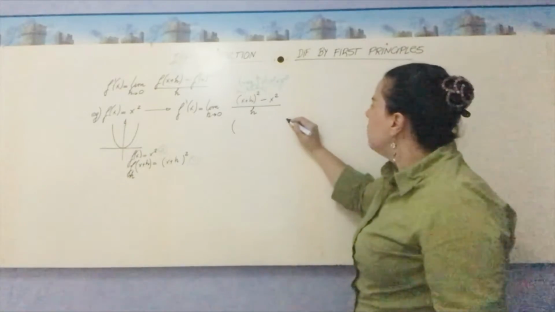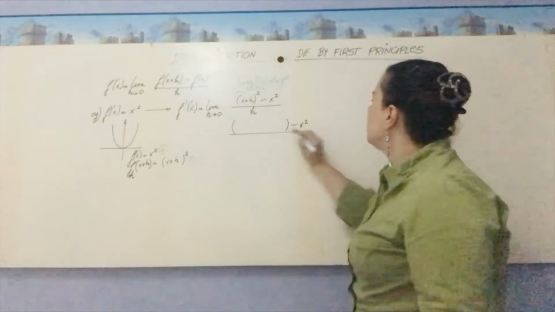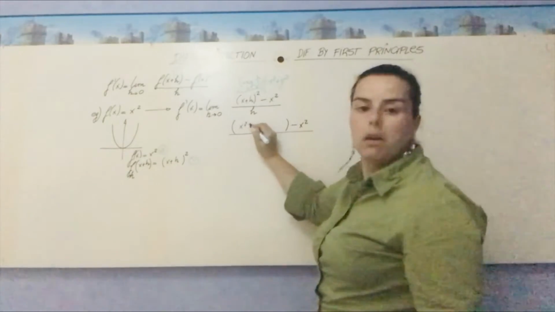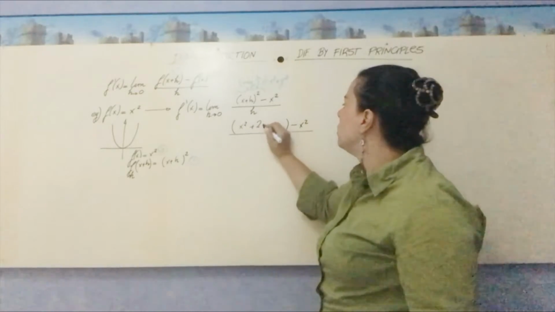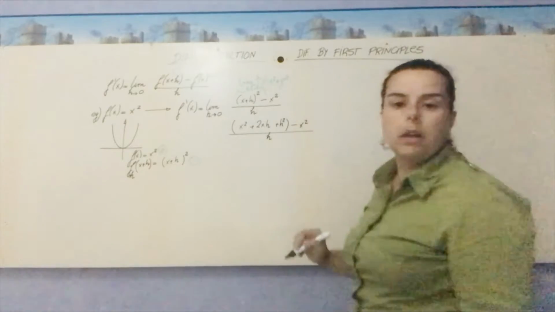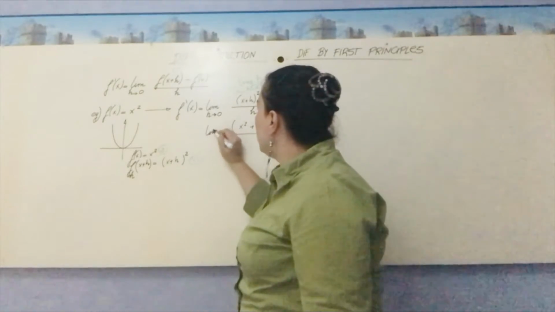I'm going to leave it in brackets so we see where it's coming from, everything else staying the same. Expand this: x squared plus 2xh plus h squared. Everything else I left untouched.